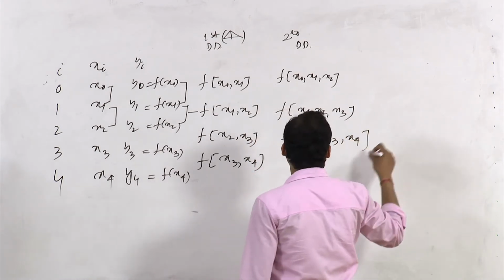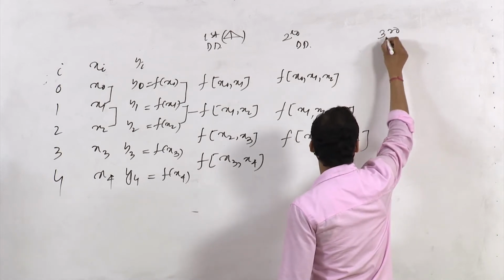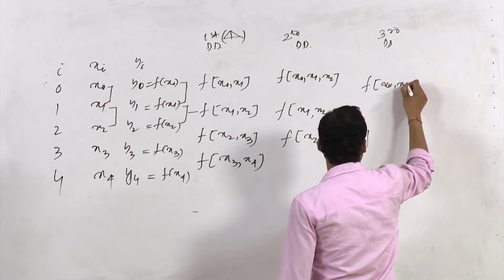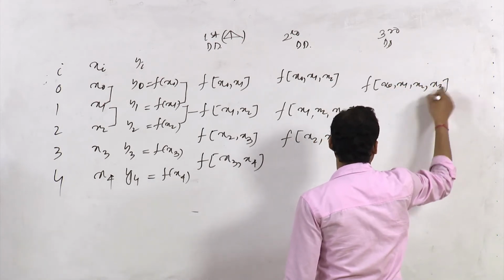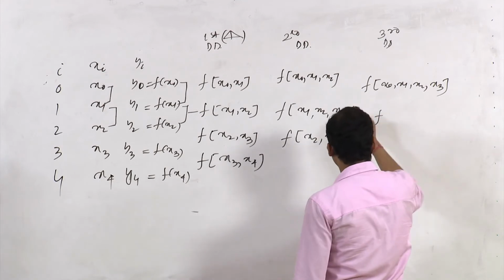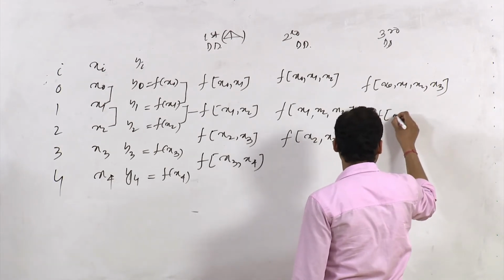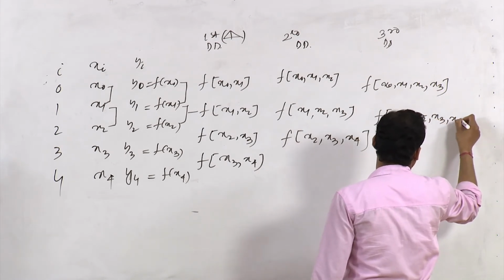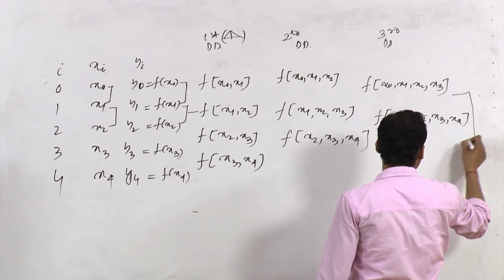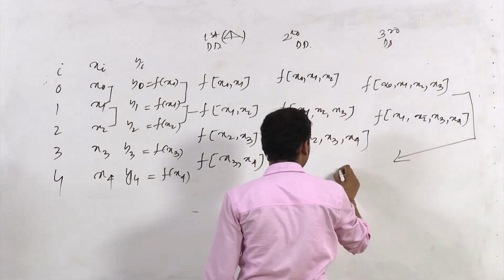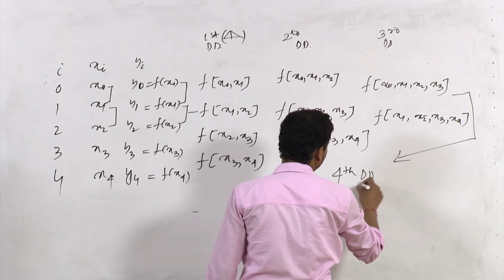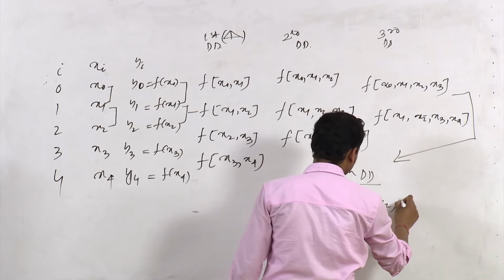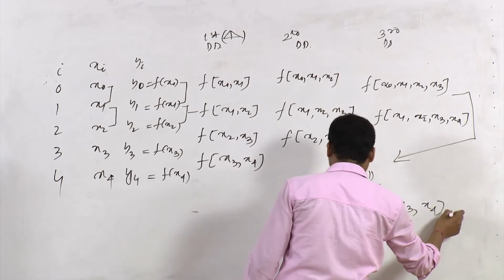Similarly, the third order divided difference can be written as f of x0, x1, x2, x3, and the next one starts from x1 to x3, x4. And the last divided difference, the fourth divided difference, can be written as f of x0, x1, x2, x3, x4.